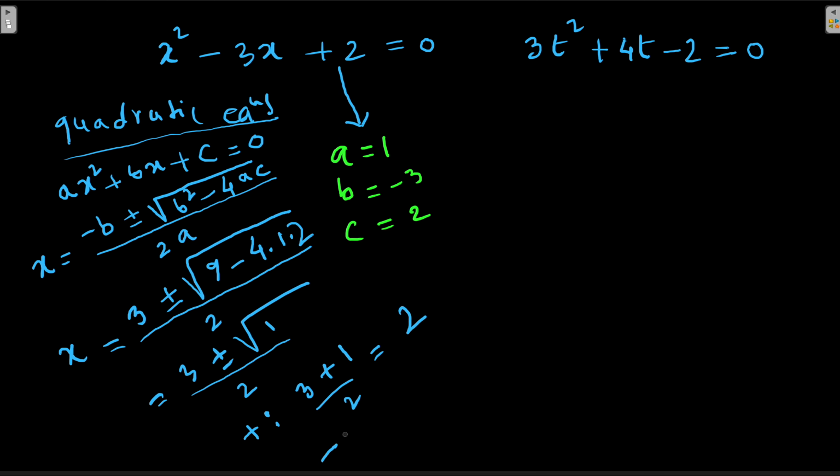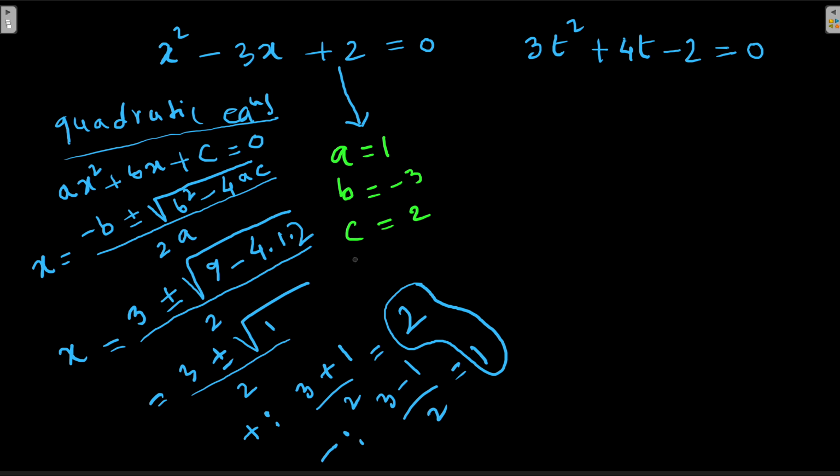And if you consider the negative sign, you have to consider both of them. It gives 3 minus 1 by 2, so 2 by 2, which gives you 1. So the values are 2 and 1.